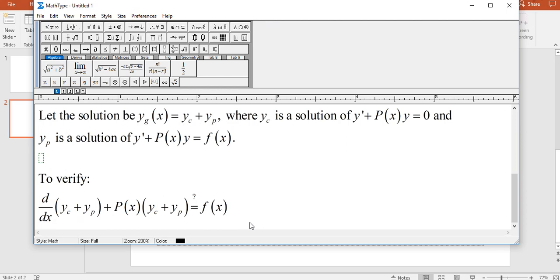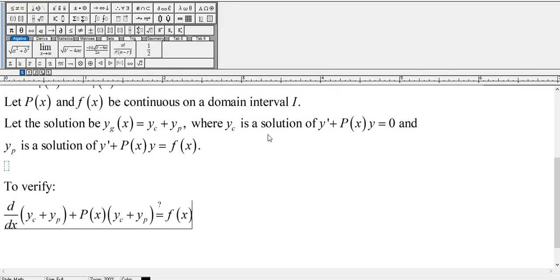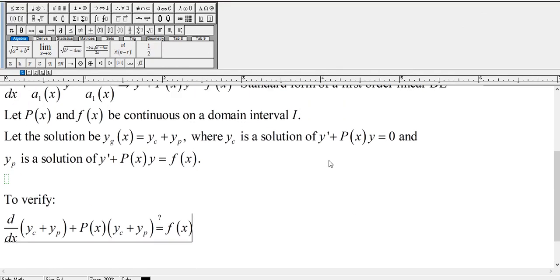And we can go check, right? So look, we have all of this. We're claiming that y common is the solution of this one, right?